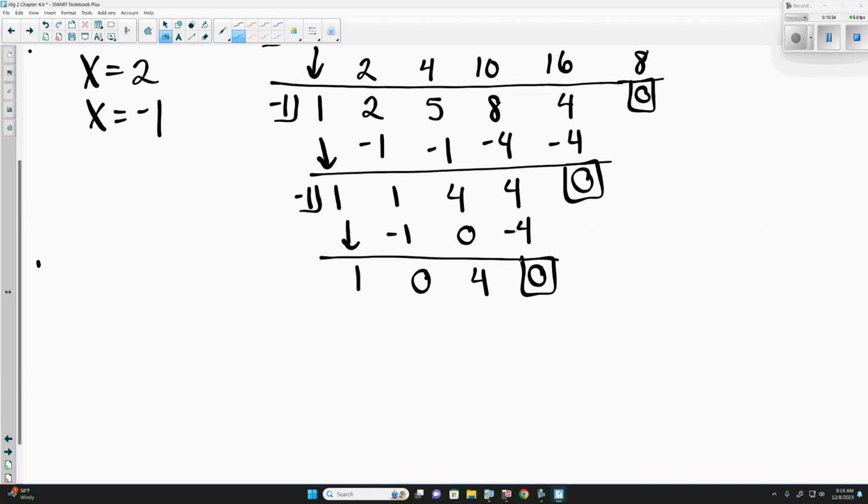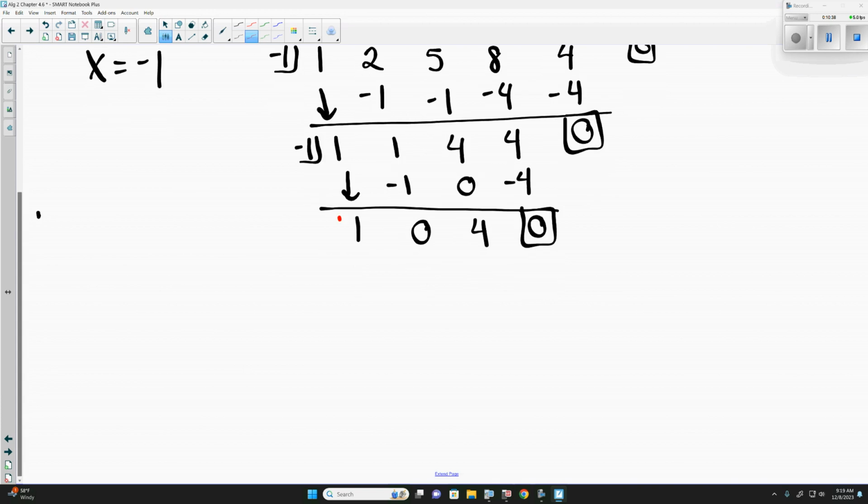Now, we could try this again with, say, 1. I can try these solutions again, see if they work. 1 times 1 is, well, not 1, it'd be negative 1. Negative 1 times 1 is negative 1. 0 plus negative 1 is negative 1. Negative 1 times negative 1 is 1.